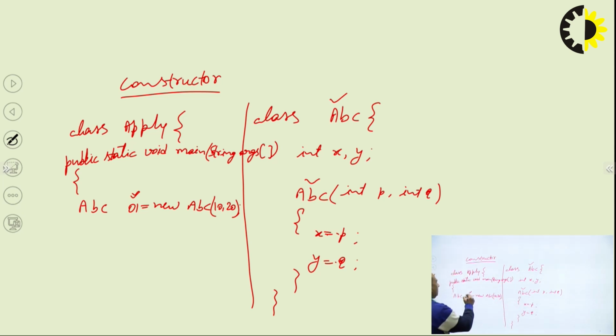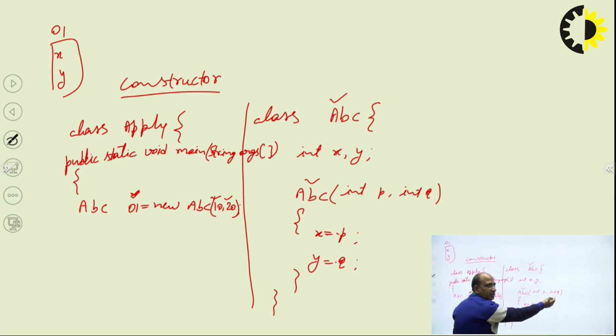Whenever we create an object, this object has its own copy of x and y. Whenever o1 has been created, o1 has a copy of x and y, and this o1 object has been created by passing 10 and 20, so 10 and 20 go to p and q, and that will be assigned to x and y.